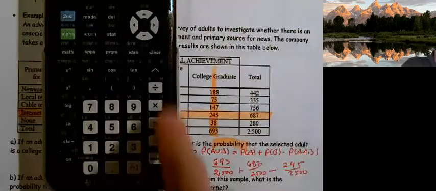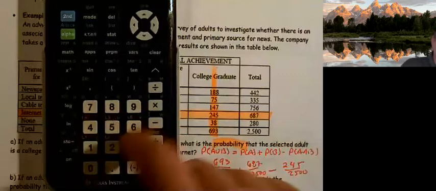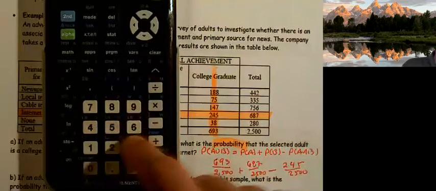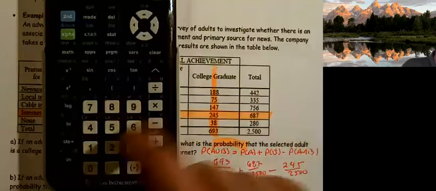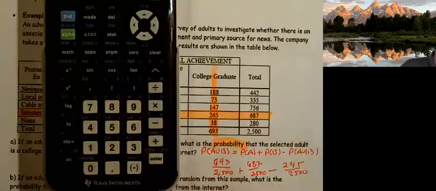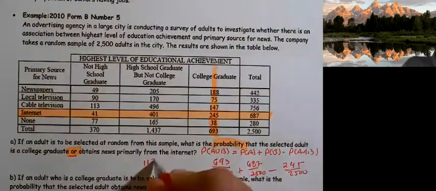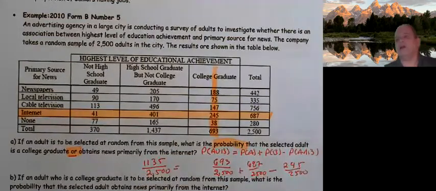All right, so going about our math, 693 plus 687 minus 245 is 1135. So our answer would be 1135 over 2,500.